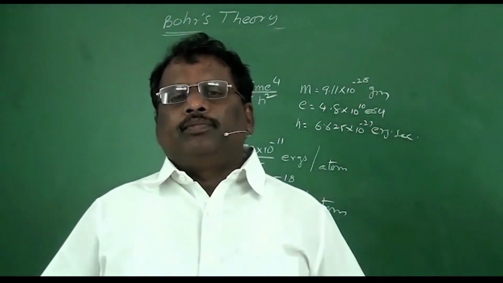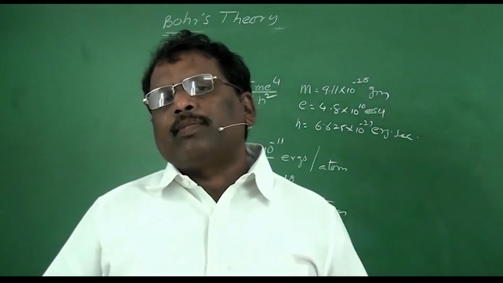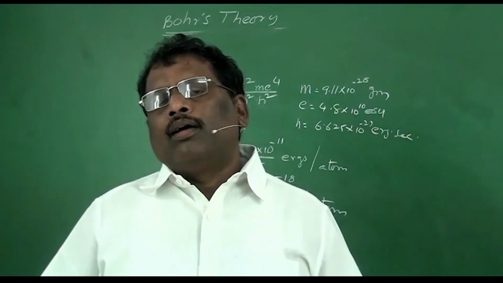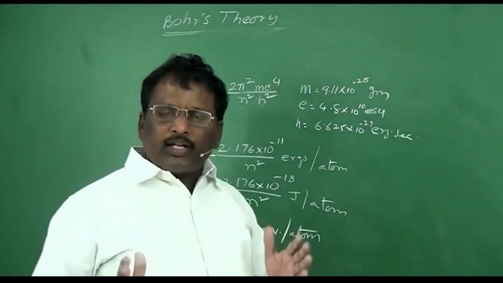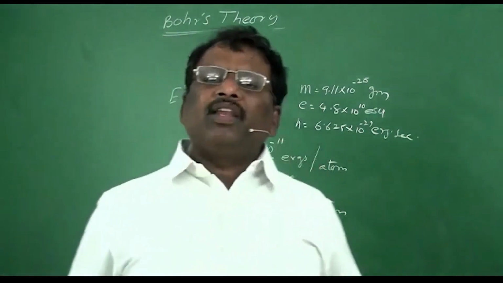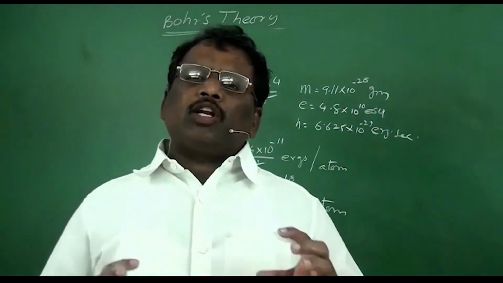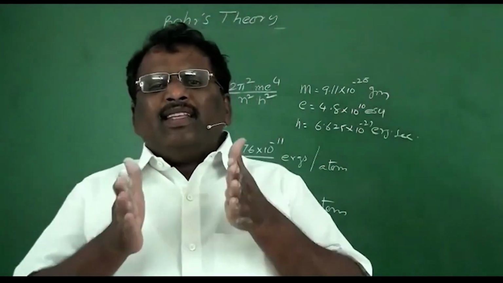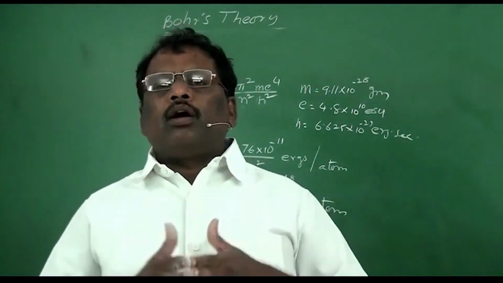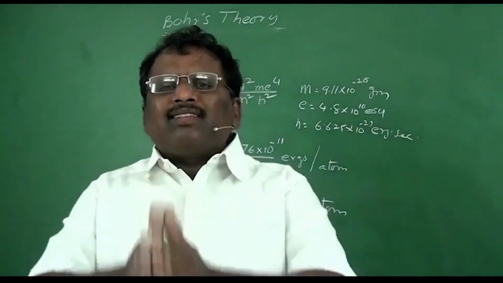And Bohr's theory failed to explain the fine lines of the spectra. Because we have already studied that in the hydrogen spectra, we find a group of lines. But when the spectra was recorded with a powerful spectroscope, each line in the hydrogen spectra was found to be a group of lines.